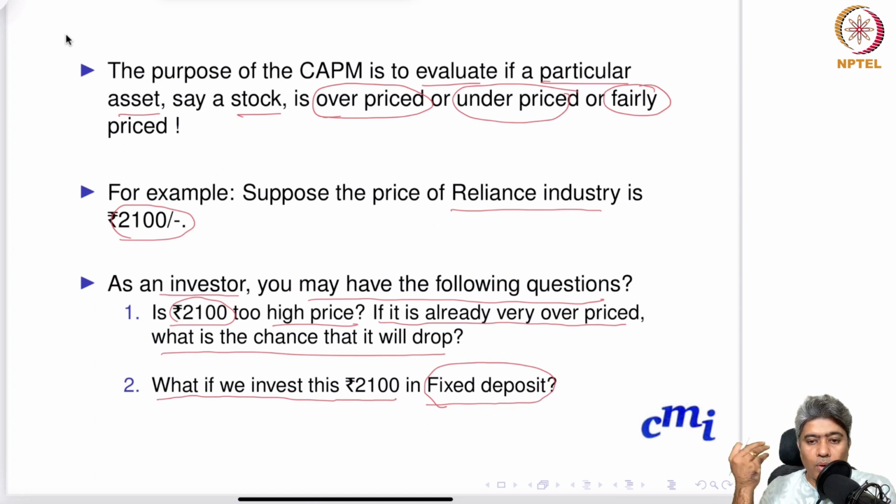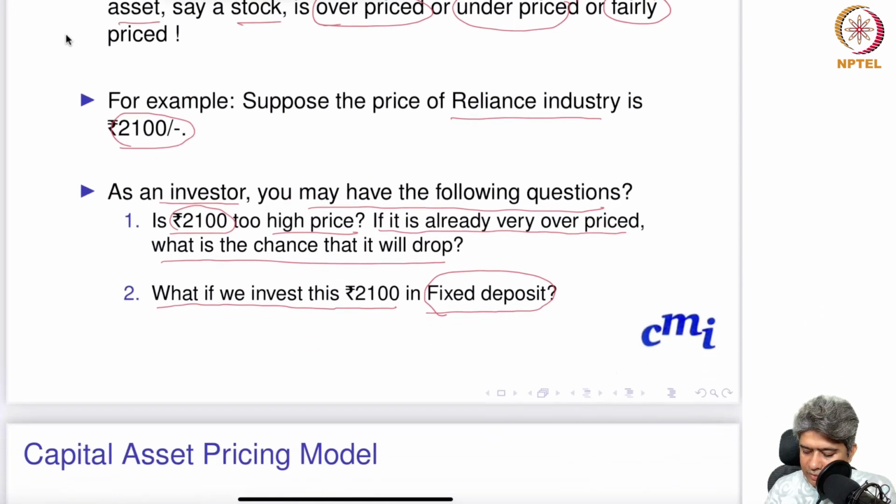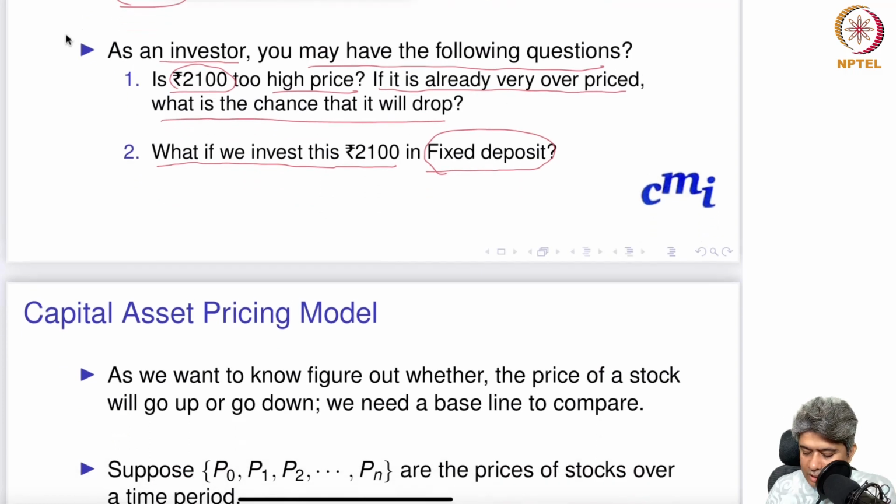But is it going to go up more than my return from a fixed deposit? If it is not going up more than the fixed deposit, I will be better off investing my money in the fixed deposit. So this is the idea. These kinds of questions the capital asset pricing model tries to answer.